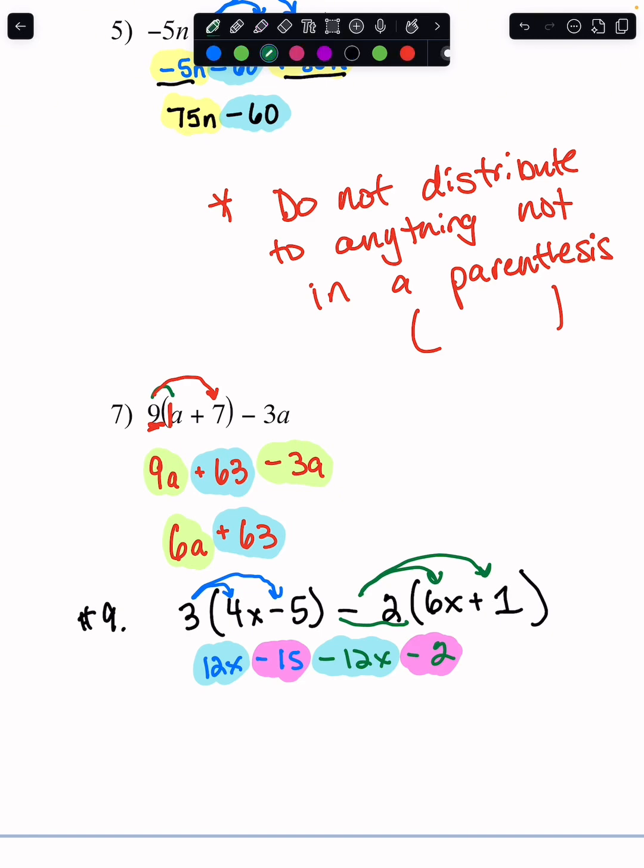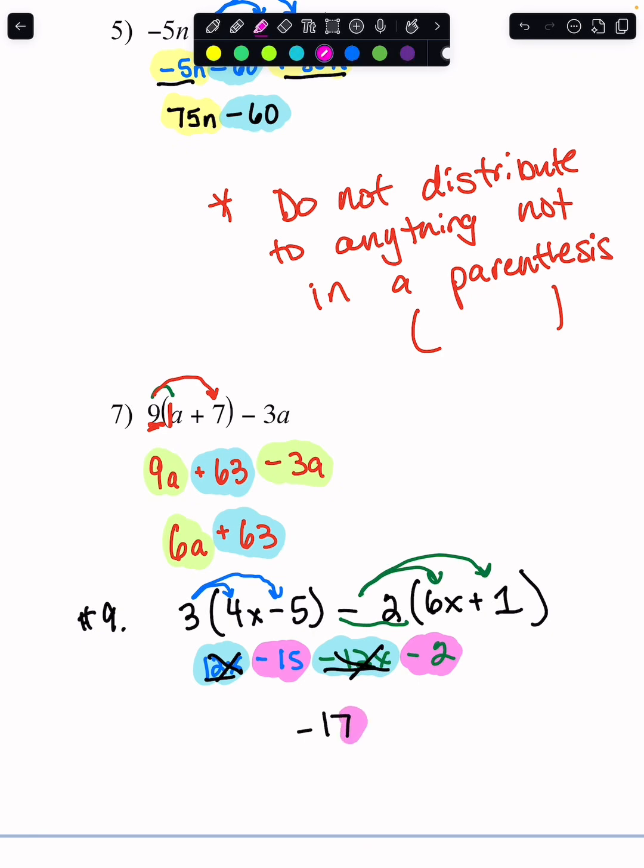This positive 12x and negative 12x, that actually ends up canceling out. That makes 0. Okay? So if I had 12 x's in a bucket and I took all 12 x's out of the bucket, there are 0 x's left in there. So there's nothing left. So there's nothing to write. So my answer actually is only negative 17, because negative 15 minus 2 is negative 17.